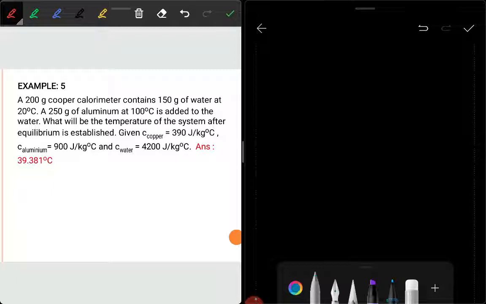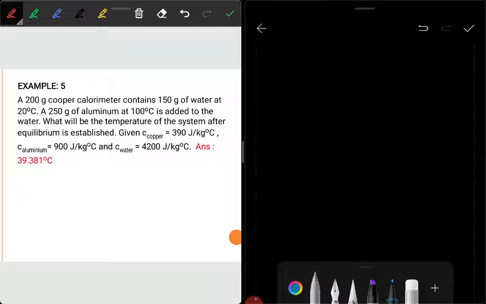First you have to identify the number of substances that are involved in your calculation. Look at here. A 200 copper calorimeter contains 154 gram of water at 20 Celsius degree.